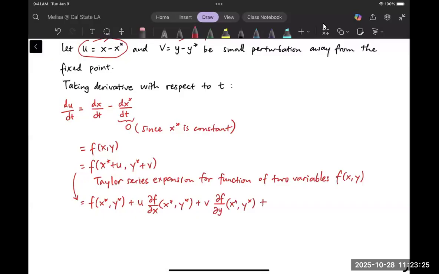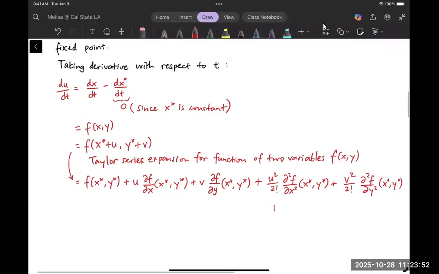And now going into the second derivative, you get u squared over 2 factorial times the second order partial derivative, again evaluated at the center. And you get v squared over 2 factorial times the second partial derivative with respect to y.